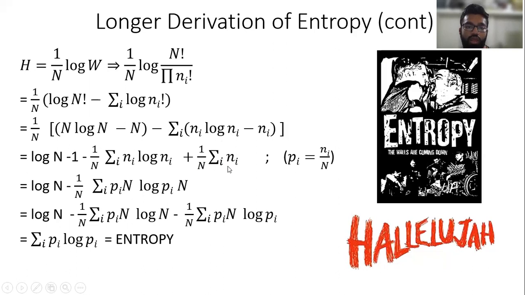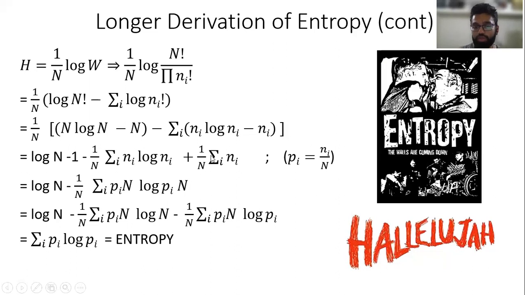In this summation, you can take n inside, and you'd have n_i over n, which is essentially the probability of the ith bin. And we all know that the summation of the probability p_i is always going to be equal to 1.